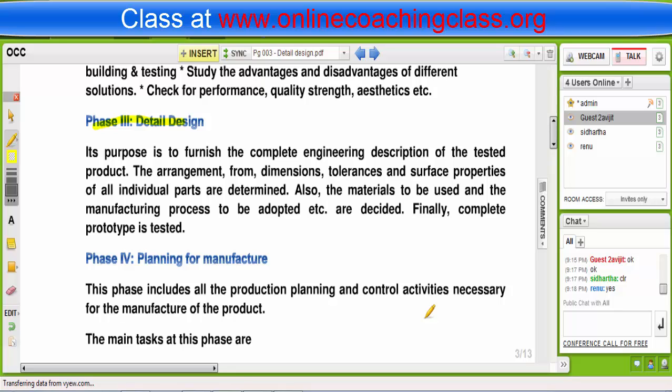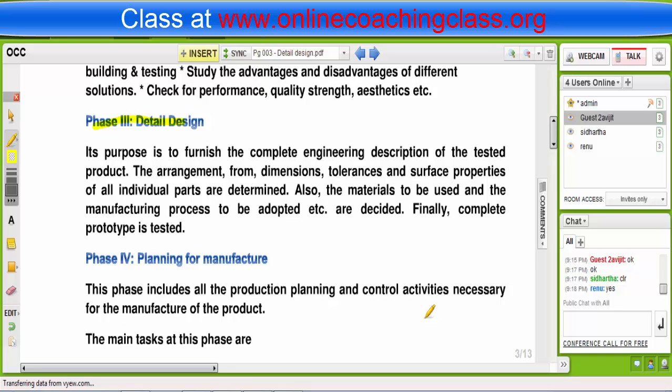See, in the earlier two stages we collect the concept, we make a model and test it. Now suppose your model is testing well and the quality control passes your project. Now you have to go for the further work.